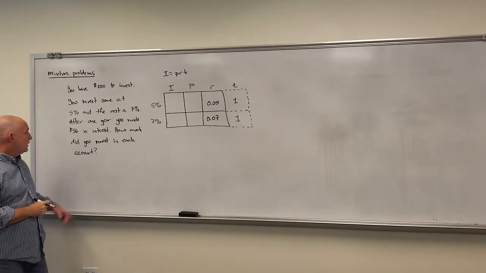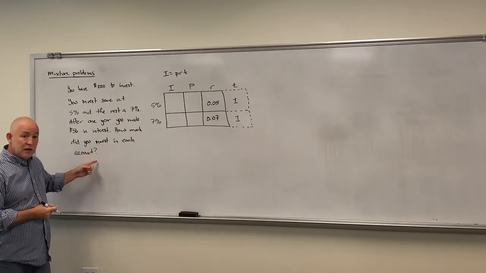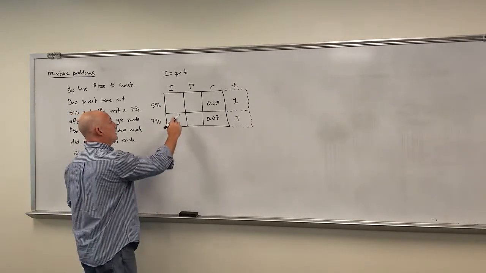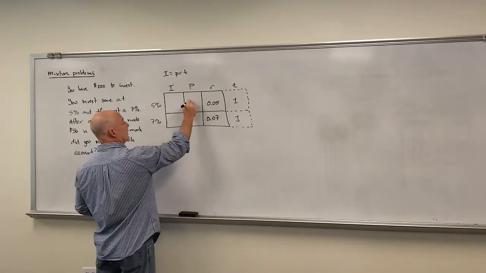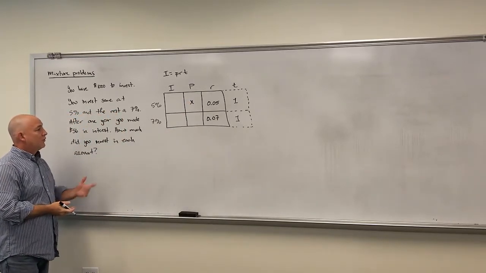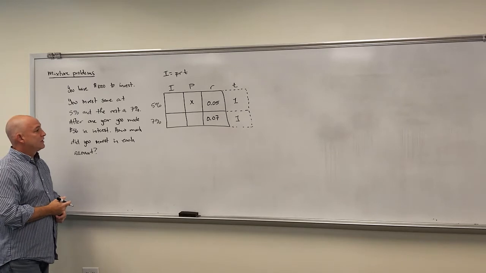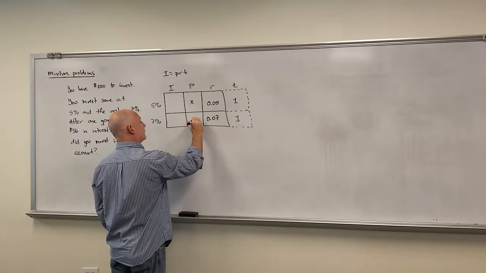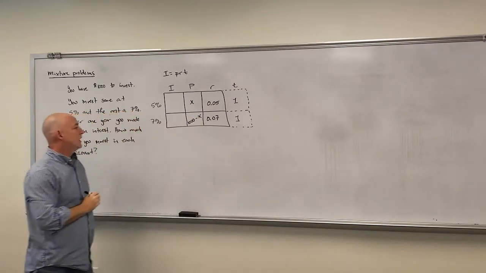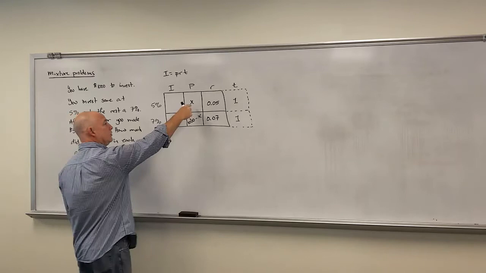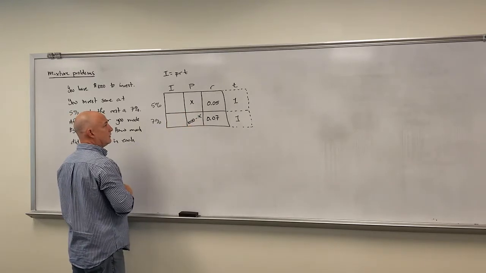All right, the question says, how much did you invest in each account? So we're looking for principal. So I know my variables go in this column right here. Again, let's just say I don't know how much goes in the 5%, so how much do I have left to go in the 7%? Well, it's the total, 1,000 minus x, right? Exactly the same way as before when we had a total. Whatever you do for one, the other one has to be the leftovers.